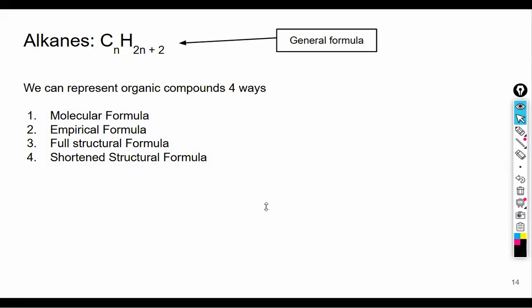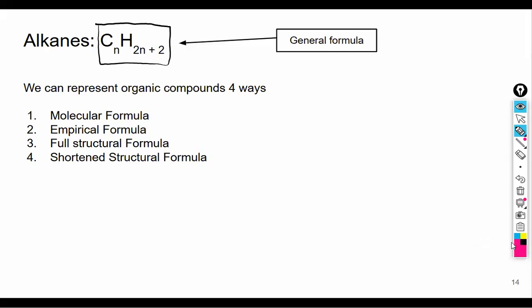So alkanes have a certain general formula. The formula is CnH2n+2. What this formula allows you to do, one of the things, is predict how many hydrogens it will have if I give you the number of carbons.